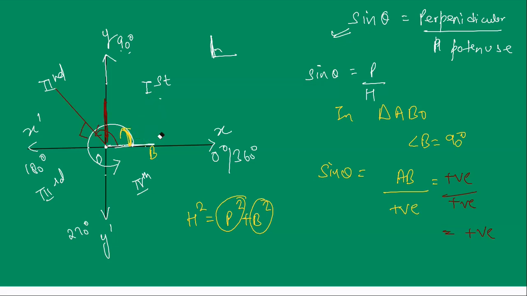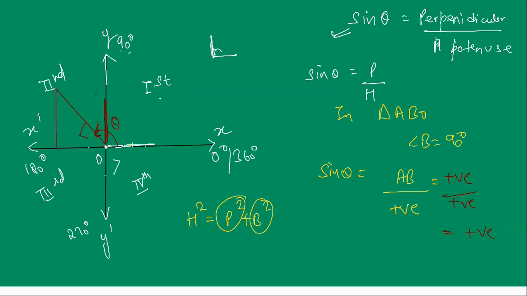I have drawn this because I am in the second quadrant right now. So this is theta, this is the hypotenuse I have made, and this will be the perpendicular.